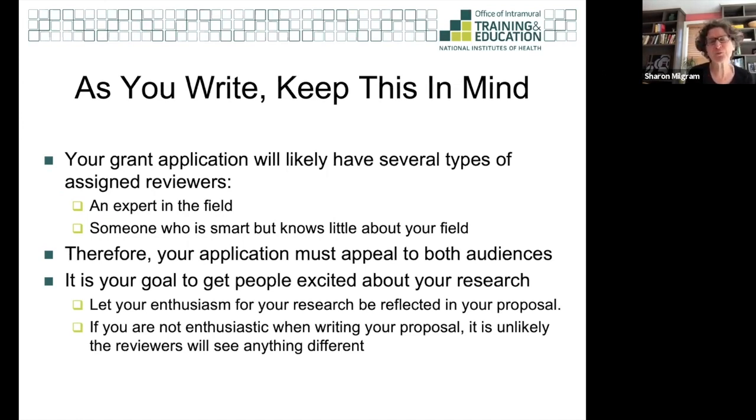They may be experts in a closely related but not exact field. So your application needs to appeal to and be written for both, with an eye towards providing expert information, but enough background that non-experts can understand.